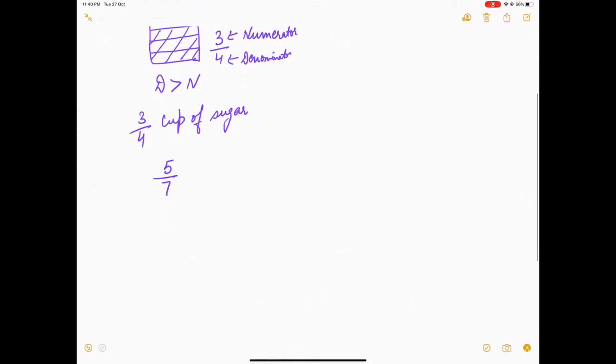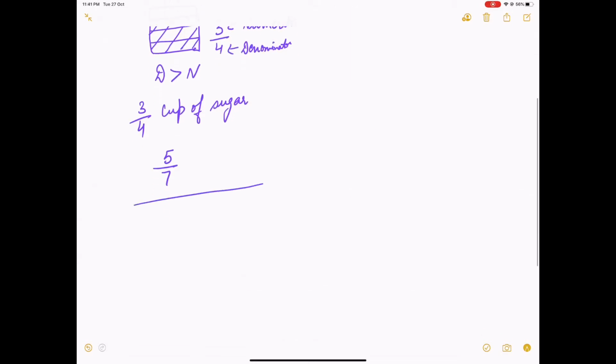Okay. Now if I take another example, 5/7, that means a whole is divided into 7 equal parts, because denominator gives me the number of equal parts a whole is divided into. So 1, 2, 3, 4, 5, 6 and 7.